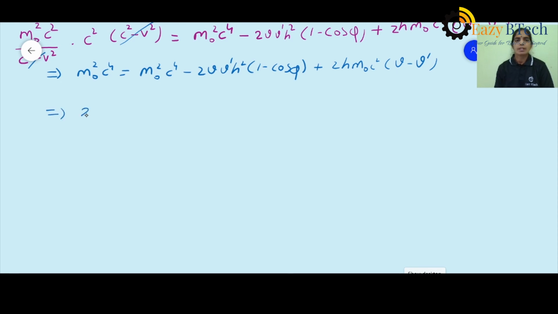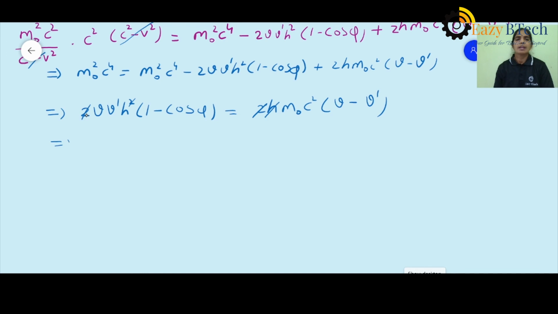Then my expression becomes 2 mu prime h square into 1 minus cos phi equal to 2h m naught c square into mu minus mu prime. Now I'm going to simplify this. 2 and 1 h get cancelled. I'll take this mu prime onto the other side.